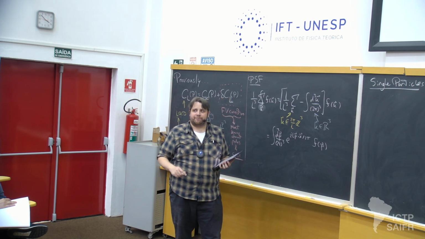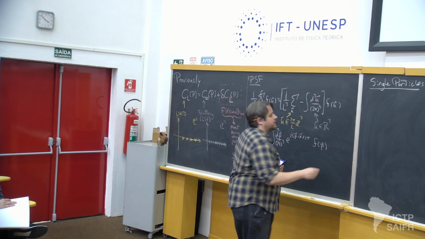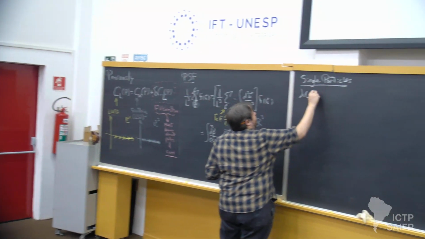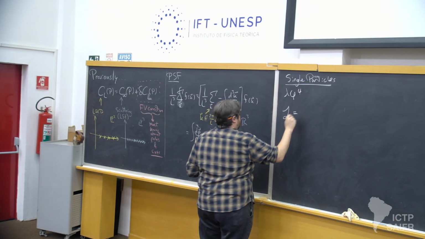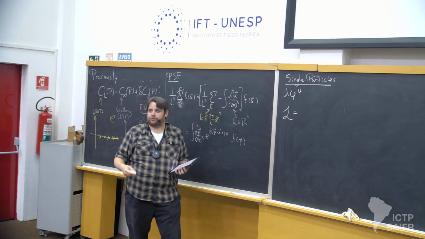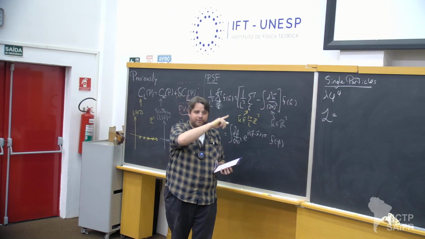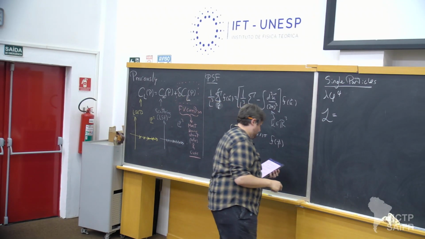So for illustrative purposes, I'm going to consider lambda phi 4 theory as a catalyst to derive these finite volume corrections for both this case and the scattering case next time.